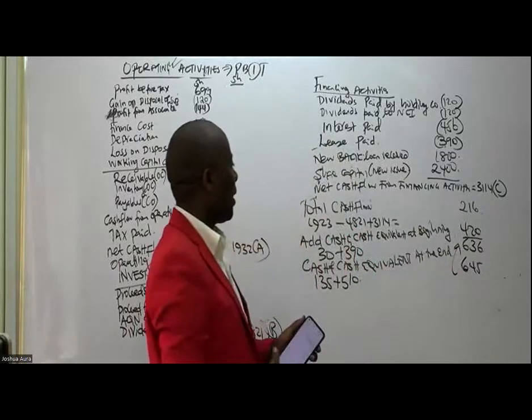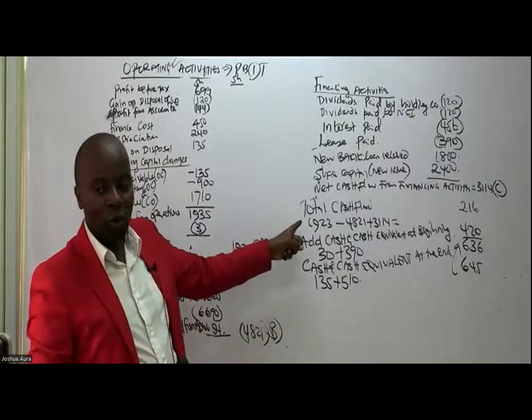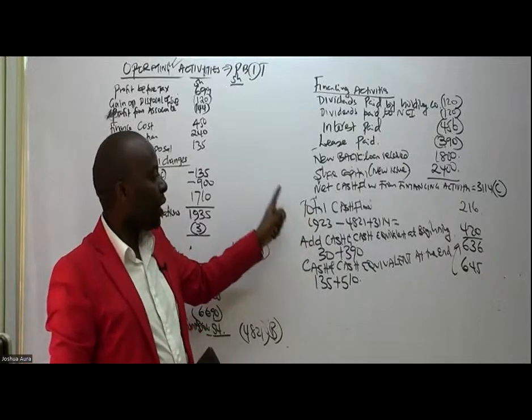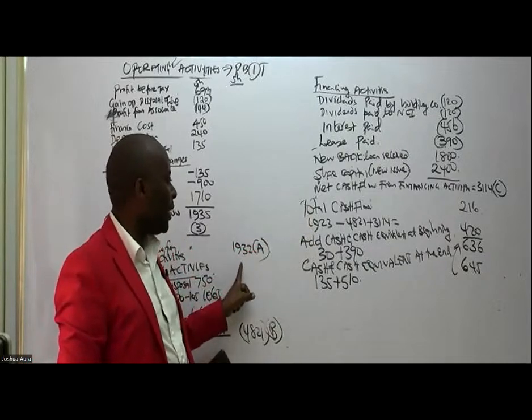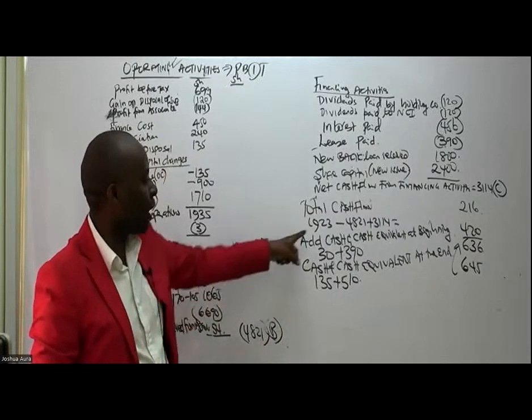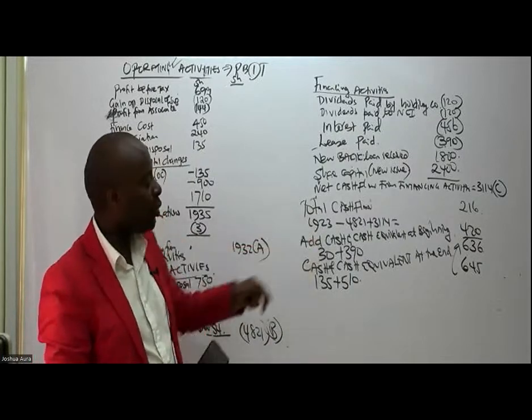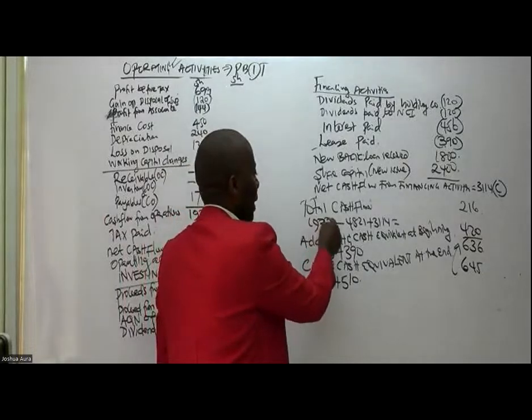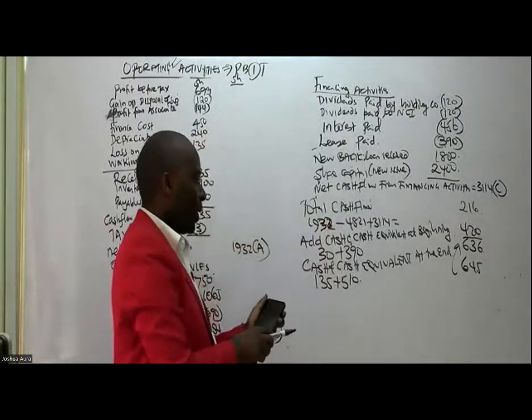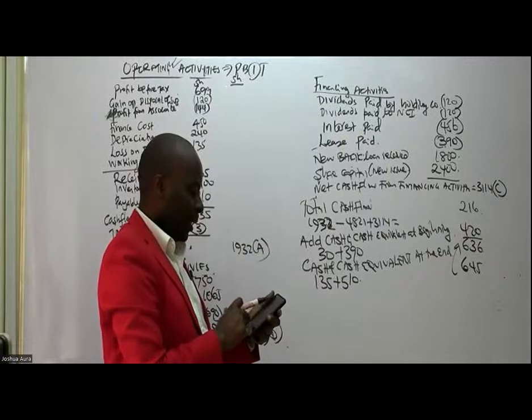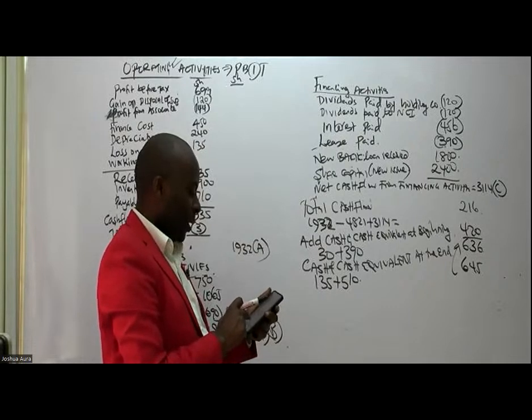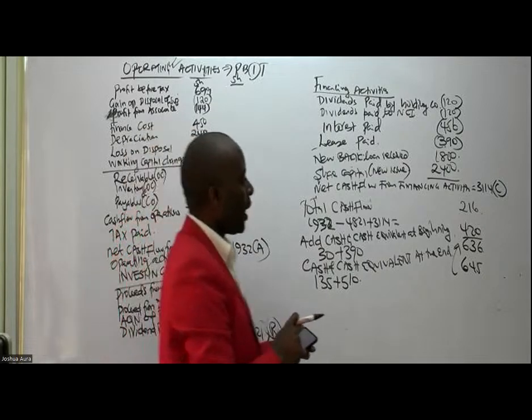So please try here. Remember to get total cash flow, we are taking component A, which is supposed to be 1932. Look at this, I have 1923, but it's supposed to be 1932. So repeat there, 1932, minus 4821 plus 3114, which gives me 225.